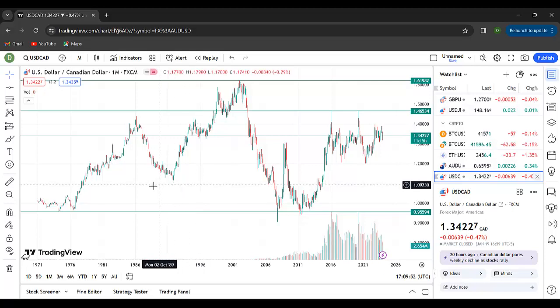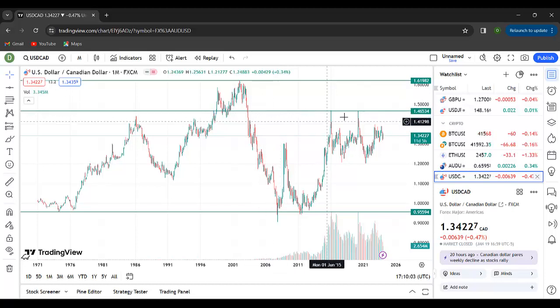Why? Because there's a change of character here, right? And it looks like what happened around here was retests, and there'll be continuity.